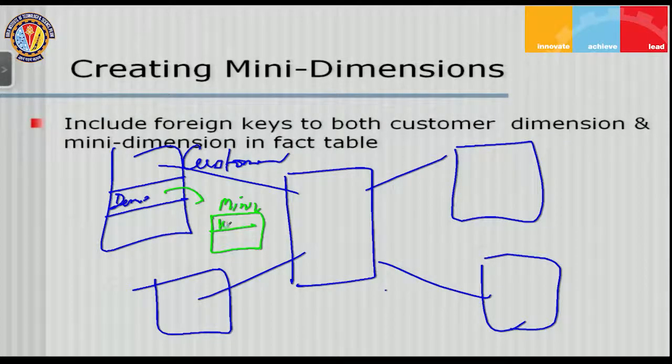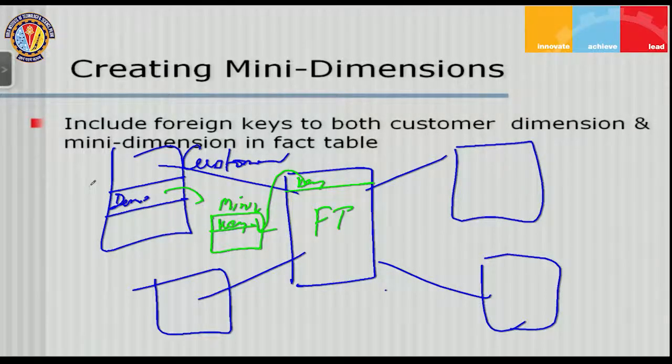The key for this should be included as a key in the fact table along with the other keys, and there will be no connection between the customer and the demographic. The connection will be captured in the fact table, not directly between the customer dimension and the mini dimension. This is how it works.